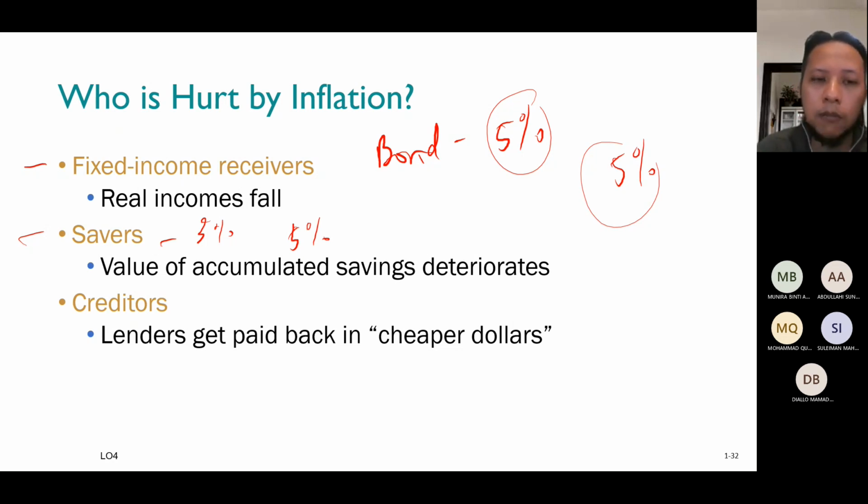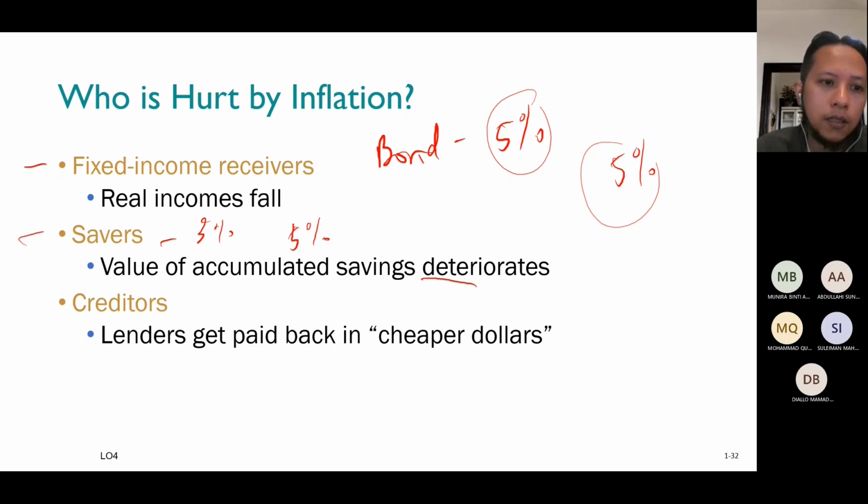If you have 100 ringgit and get a 3 ringgit return, when you spend that 103 ringgit, you cannot buy the same basket of goods at the supermarket, because inflation has reduced your accumulated savings value. So it has deteriorated.